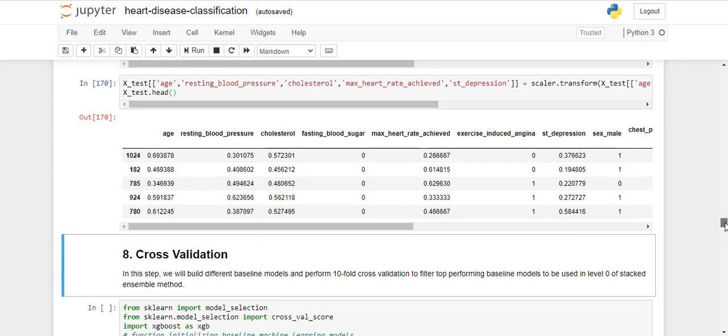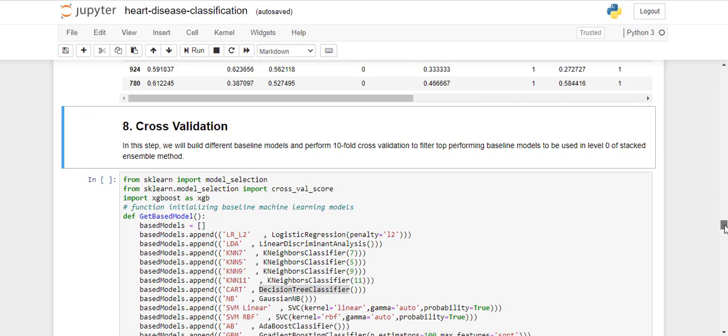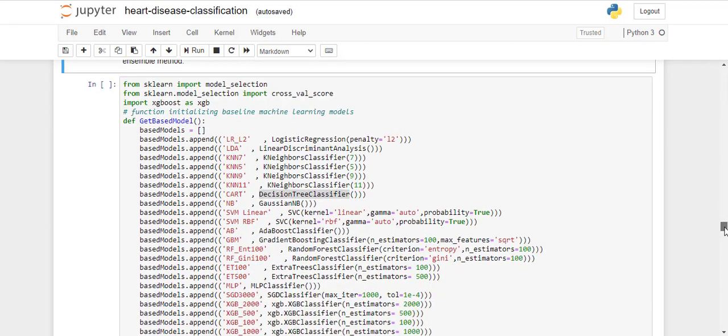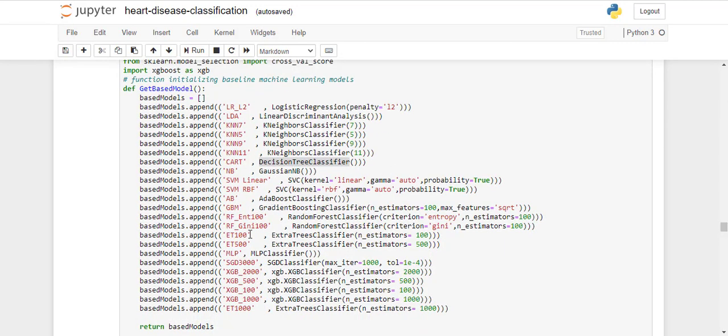So now we are doing cross validation, and for cross validation we are using all our key machine learning algorithms. For example, in KNN we are using 5, 7, 9, 11 neighbors. And for random forest, extra tree classifier, XGBoost, and all the tree based classifiers, we are using different combinations of trees.